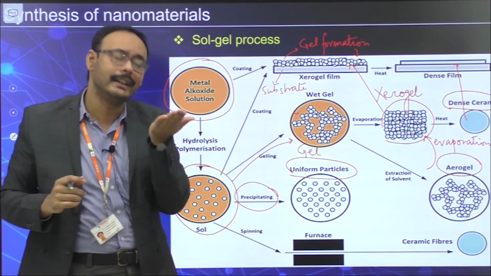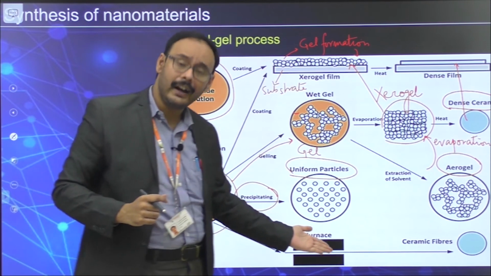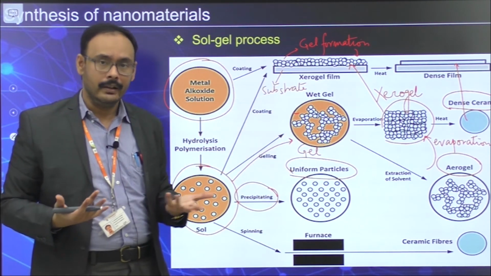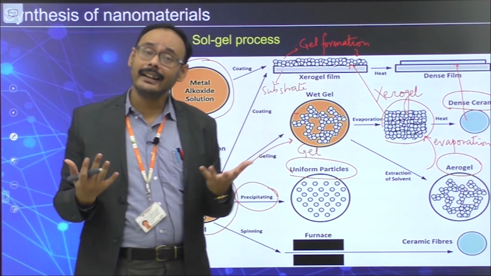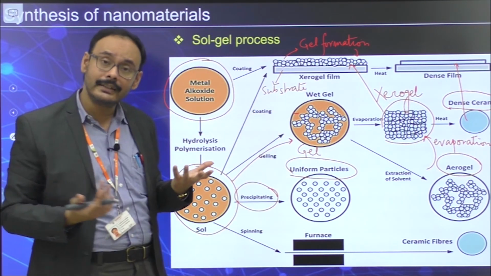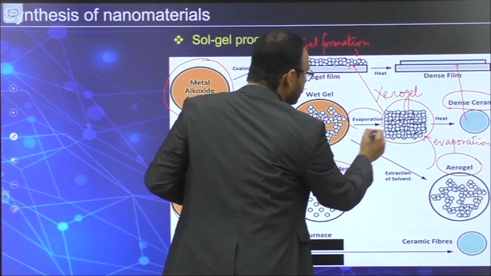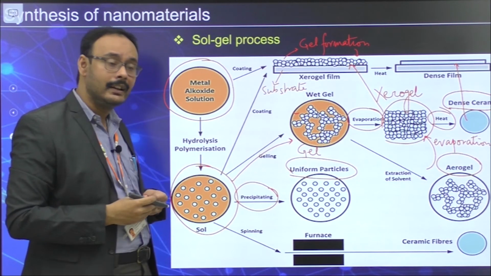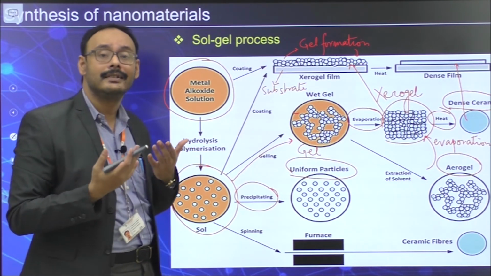Once it is becoming like that, then you put it in a furnace. What does the furnace do? It will heat up. So under that heating condition, what is going to happen? Obviously you know, heating is going to cause evaporation, solvent evaporation, to give you a dense structure.